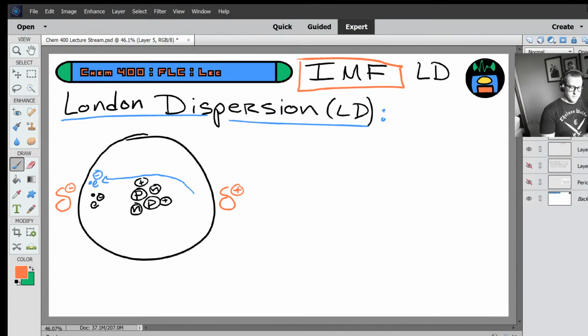So they're not permanent, it's not an ion, but for this moment, when both electrons are on one side of the orbital, we have this partial positive and partial negative.